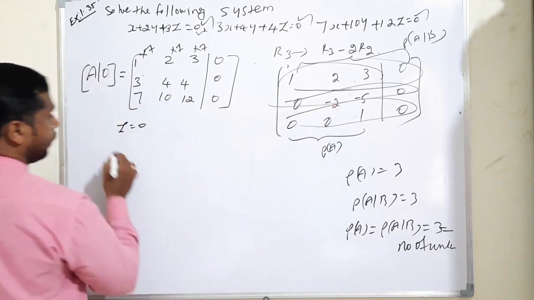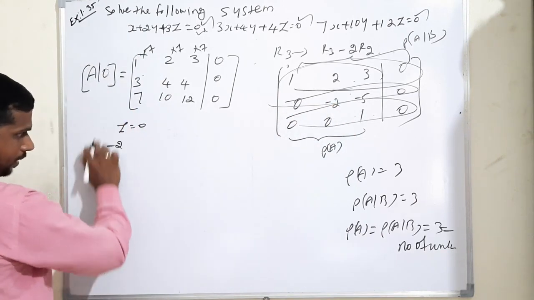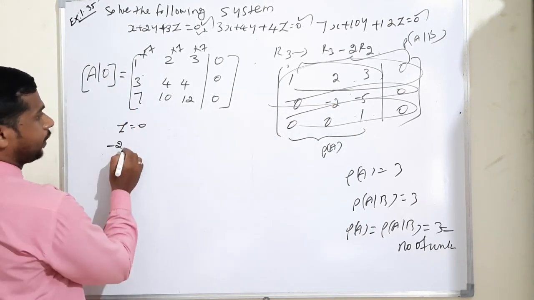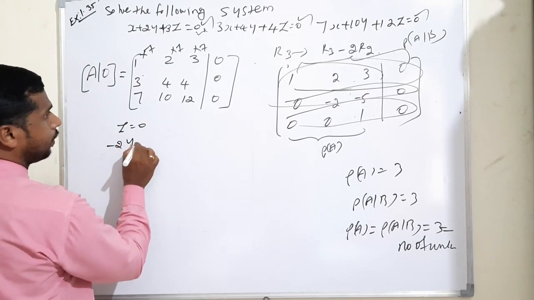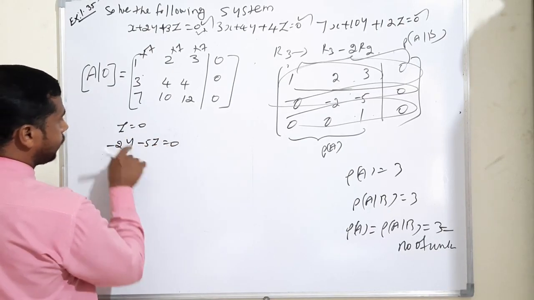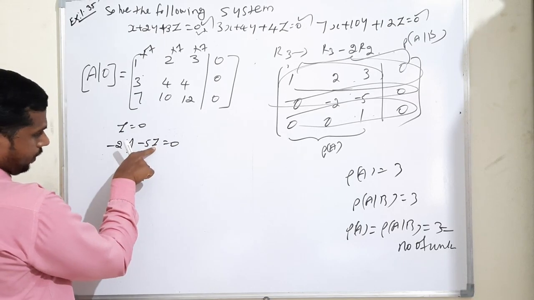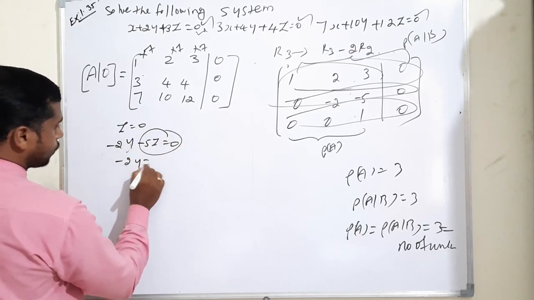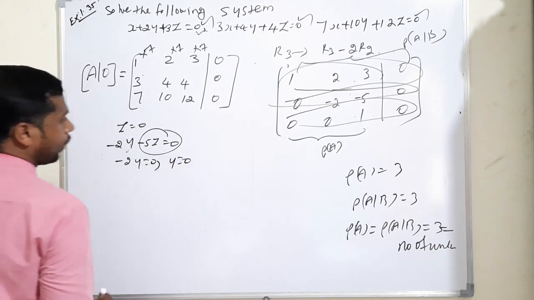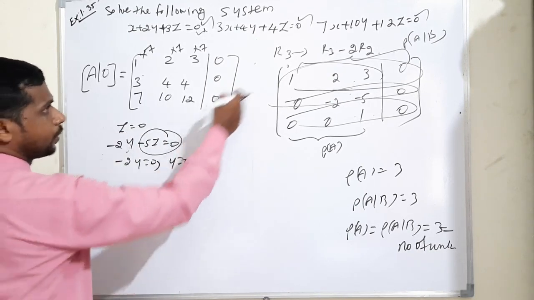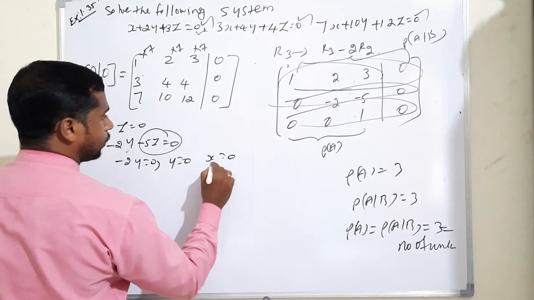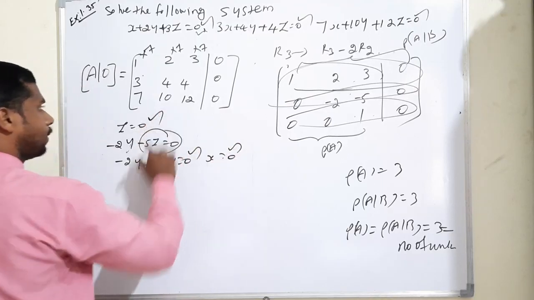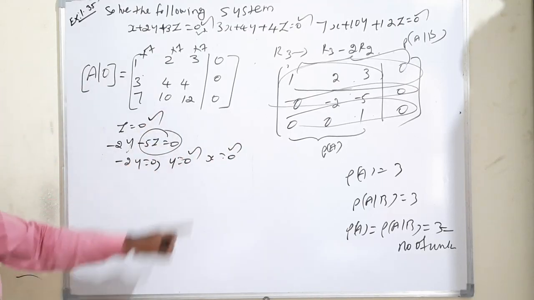Now we can write minus 2y minus 5z is equal to 0. Since z is 0, the total value will be 0, so minus 2y is equal to 0, which means y also 0. So z is 0, y is 0, and from the first equation x is also 0. So x is equal to 0, y is equal to 0, z is equal to 0. This condition is also verified.